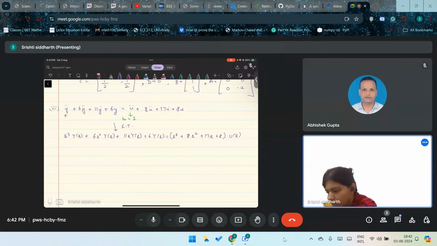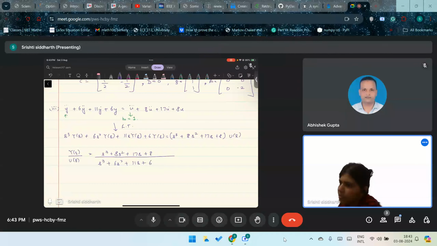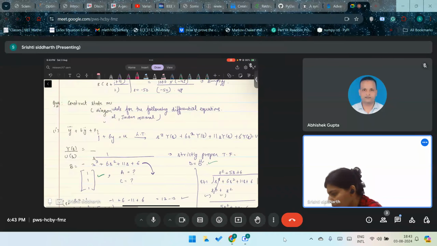So just write this down as US. Okay, so you can observe that the LHS of the differential equation is the same as that we have in 1.